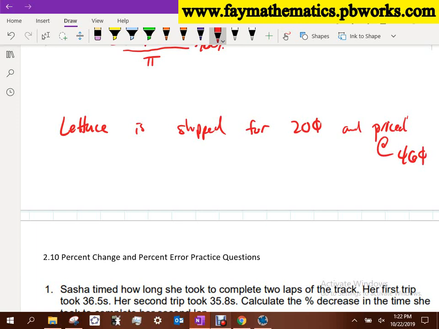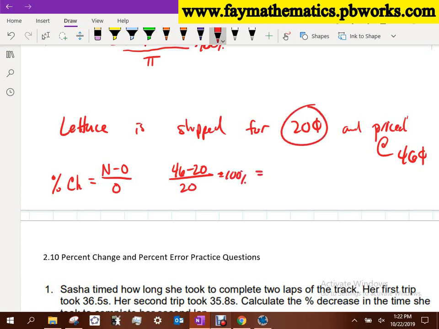Okay. So remember, percent increase or percent change is equal to new minus old, divided by old, right? So what is your new value? 46 minus your original, which would be 20, over 20, right? Now think about it: when I multiply this by 100, if it started off as 20 cents, doubling it would give me 40 cents, right?